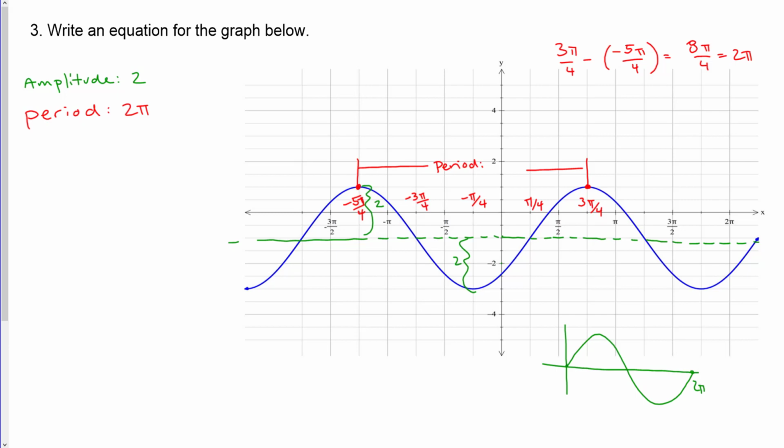If I call this sine, and I call this my starting point, the problem is it's going up first. It's starting at a minimum and then going up. So that doesn't really fit unless I make a pretty large phase shift. So let's go with this being cosine, because it doesn't really matter. You can use either one. I'm going to go with cosine.